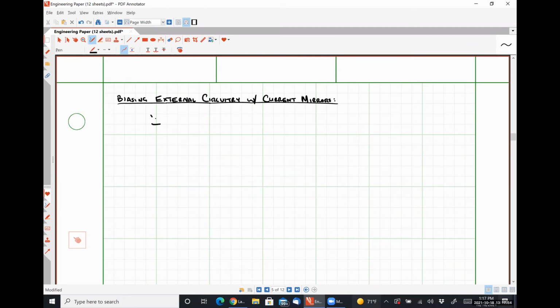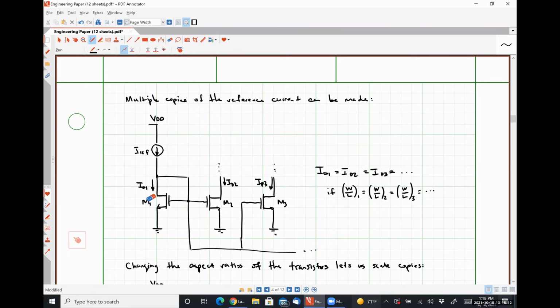So to briefly recap, we have our current mirror circuit, here's transistor M1.